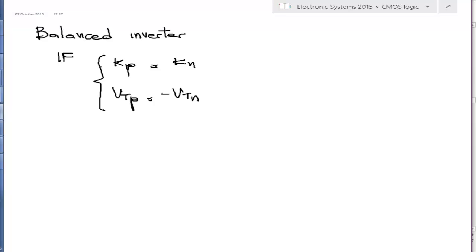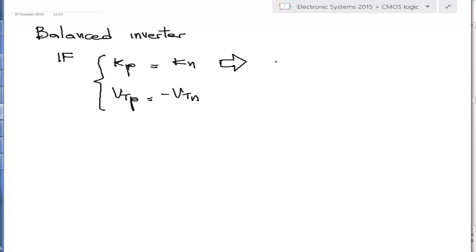So for this reason, we call the inverter balanced. This condition is obtained by looking at the expression of the K constant. If you look at the expressions, they are very similar. There are some things that are identical, and so we can remove them, but others are not.